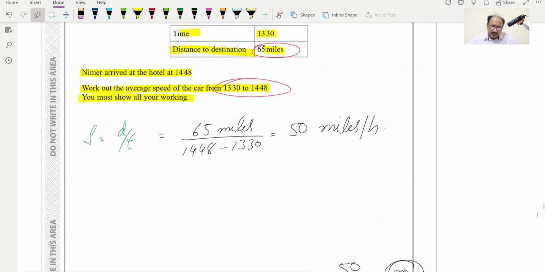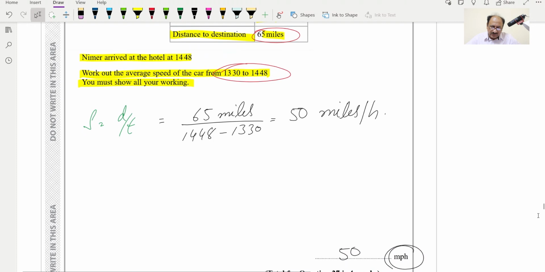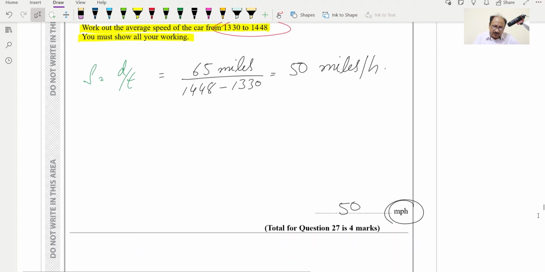Now you can ask the question, how will we get 4 marks for this working? So what you can do, you can add a step over here. What will be that step?